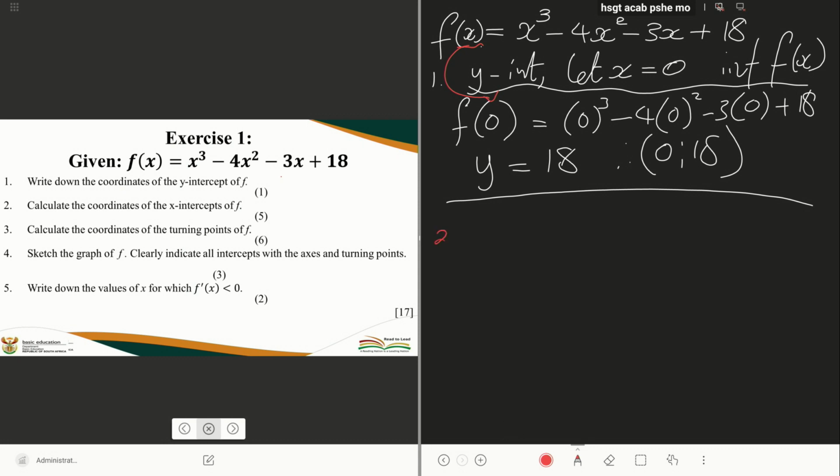Number 2: how can we calculate the coordinates of the x-intercept? f of x is equal to x cubed minus 4x squared minus 3x plus 18.